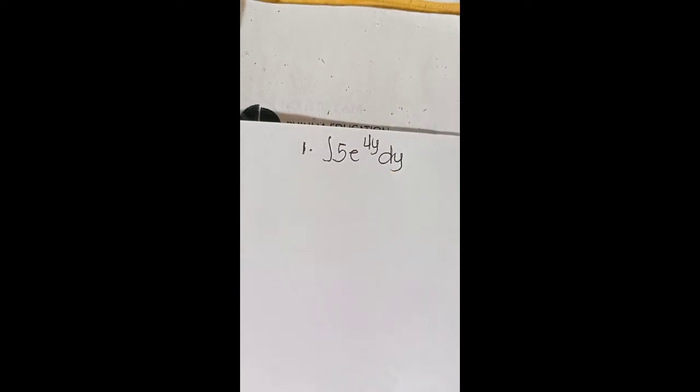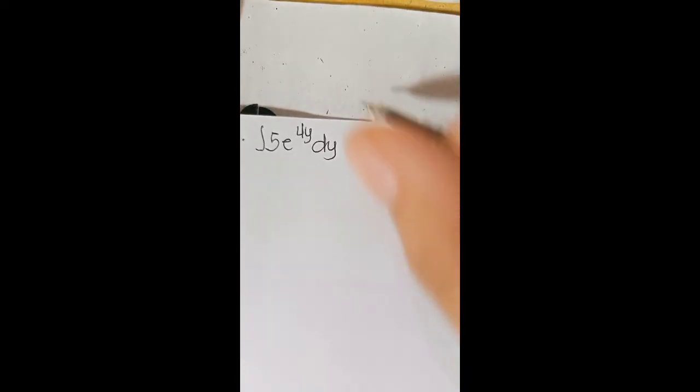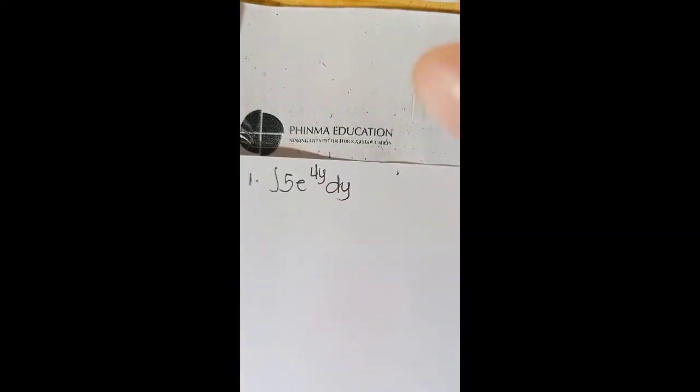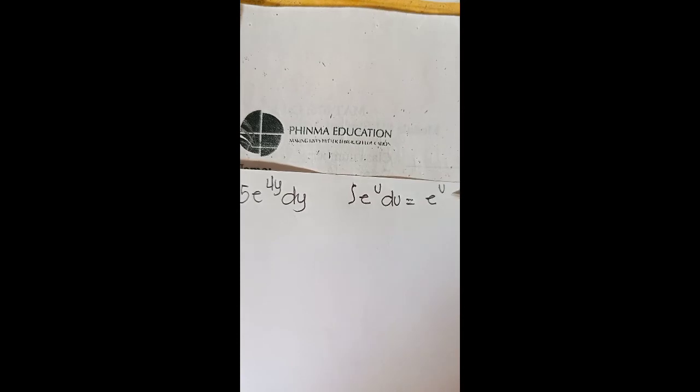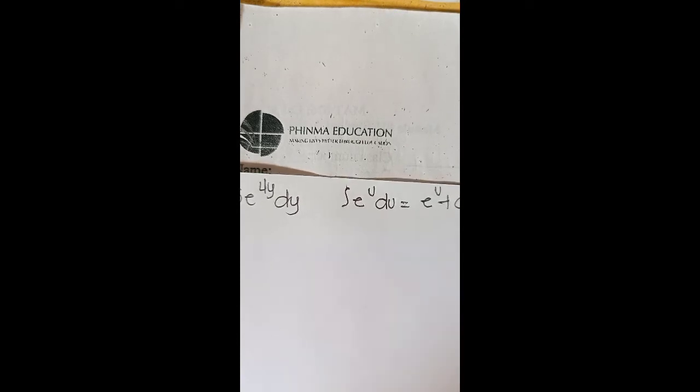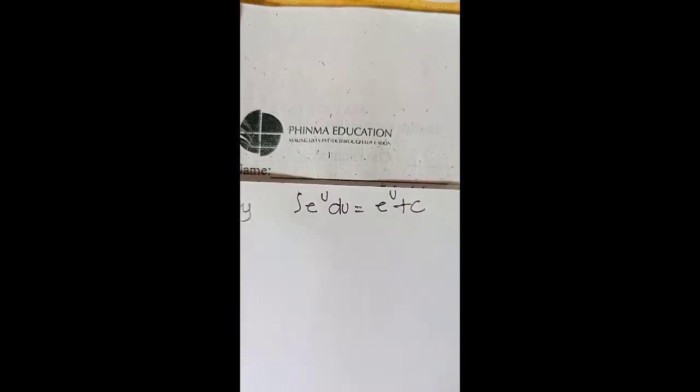The general form of the exponential function is the integral of e raised to u du equals e raised to u plus the constant c.